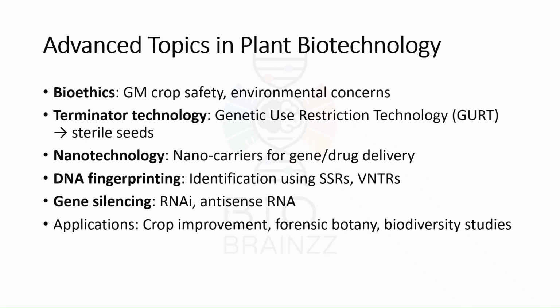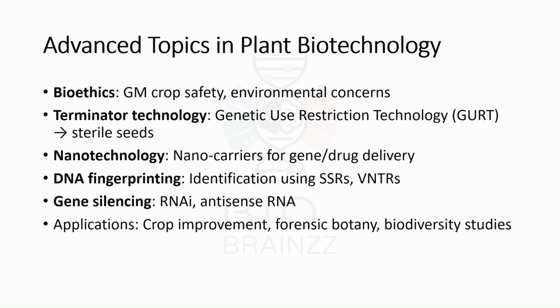This slide covers emerging and interdisciplinary areas in plant biotechnology, including bioethics, terminator technology, nanotechnology, DNA fingerprinting, and gene silencing. Bioethics deals with concerns regarding the safety and environmental impact of genetically modified crops, ensuring responsible use of biotechnology.